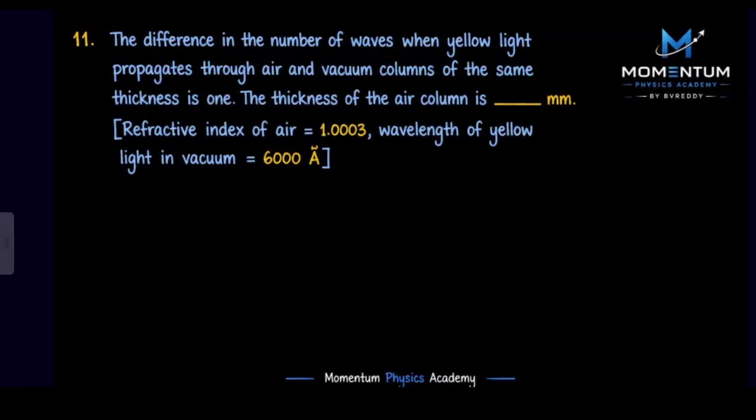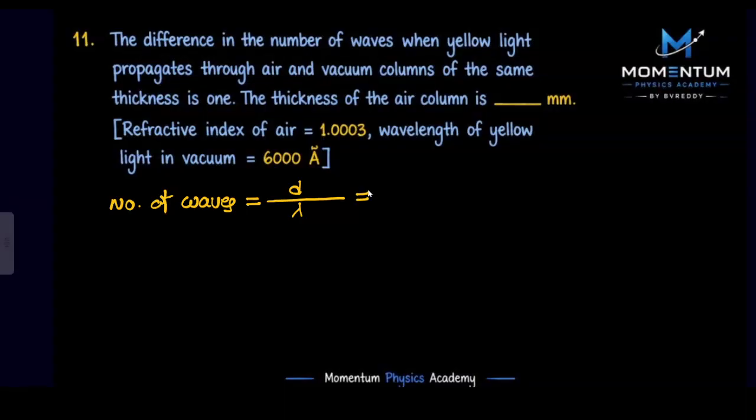The thickness of air is... Now, they are asking about the number of waves, which means the distance divided by lambda. The number of waves formula is distance or thickness by lambda.